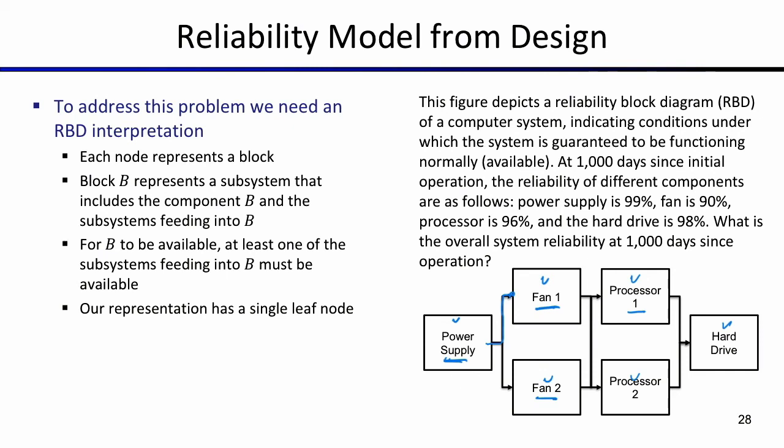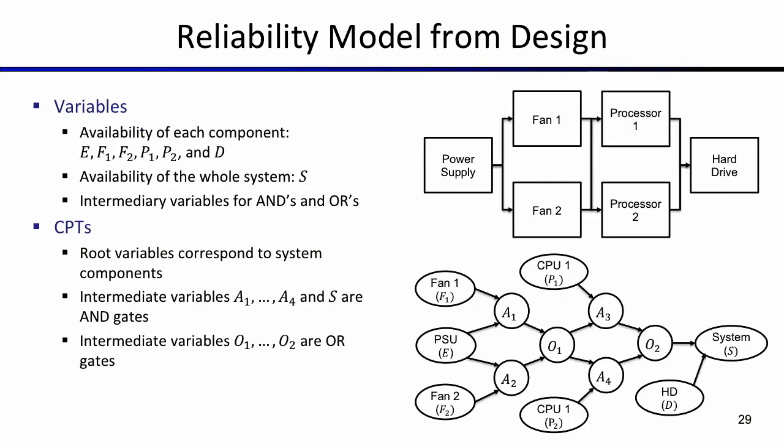So let's take a look at how we're going to model this as a Bayesian network. It's going to be more or less what we expect. First, we need one variable for each component. We're going to call the variables E for the power supply, F1 and F2 for the fans, P1 and P2 for the processors, and D for the hard drive.